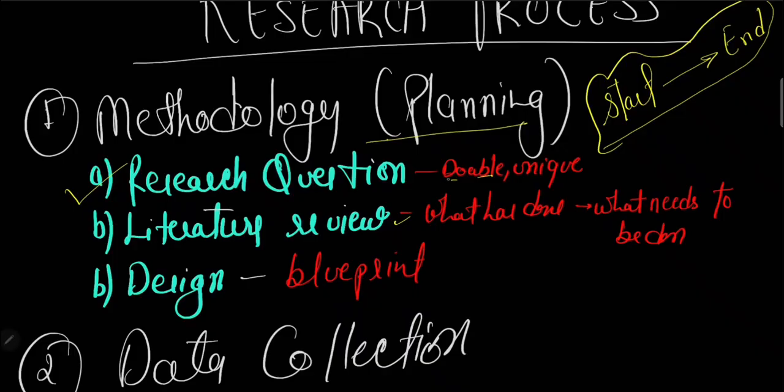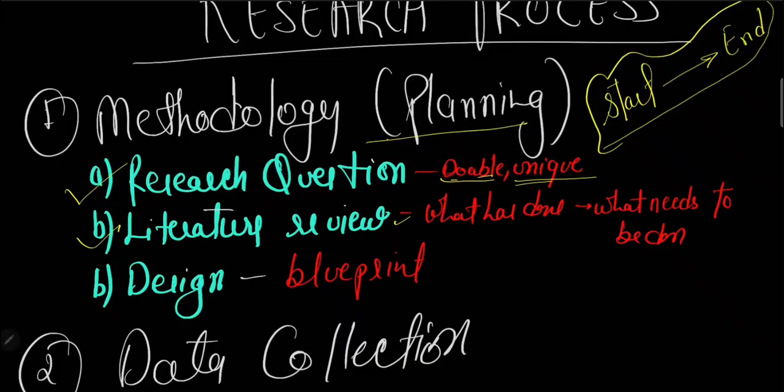Some attributes: it should be doable, so you can do it with the resources present at your facility, and it should be unique. Redoing something already done is no requirement. We have to do something new, and it should give some benefit or something new to society.